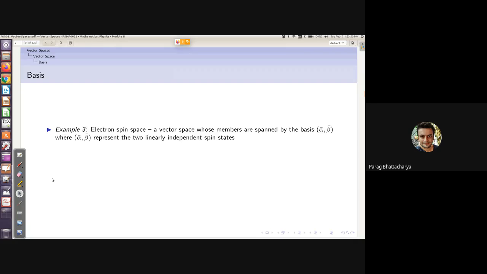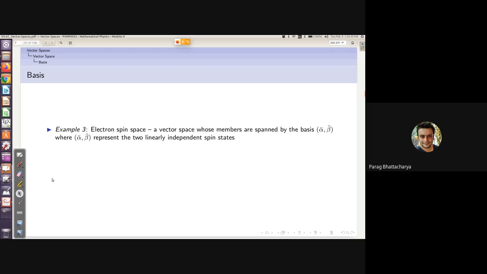This example, what is the dimension? Just count the number of vectors in the basis. Can you identify the basis? Desanchi, which is the basis in this example? So alpha bar and beta bar.